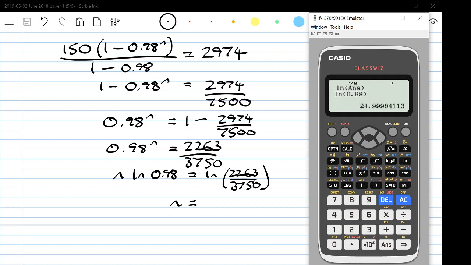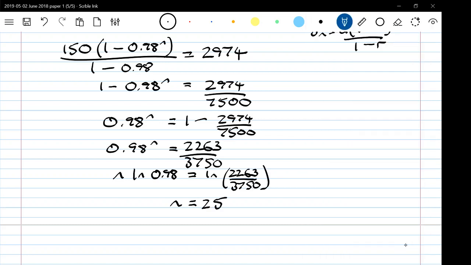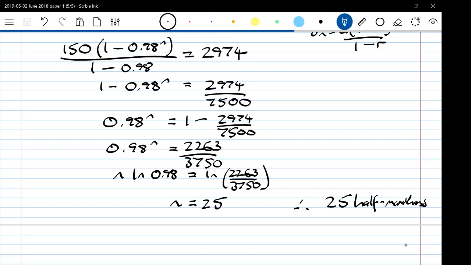And we get 24.9998. 25. So 25 half marathons. Again, I think it's a little bit fussy, but they demanded that you put it into context, saying n equals 25 was not enough to get the mark. It's horrible, isn't it? Anyway, there you go. If the question has a context, make sure you put your answer back into context.